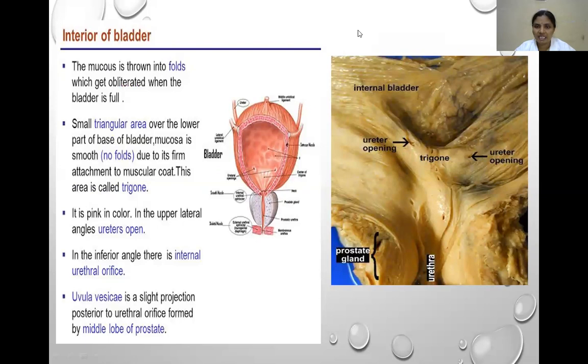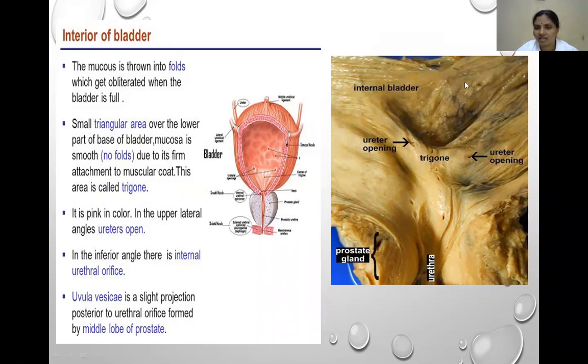Now, if you see the interior of the urinary bladder, it is almost irregular because it is corrugated. Because of these foldings, the mucosa is folded. In a contracted bladder, you can see a greater number of mucosal folds, which are known as rugae, except the area which is triangular in shape.